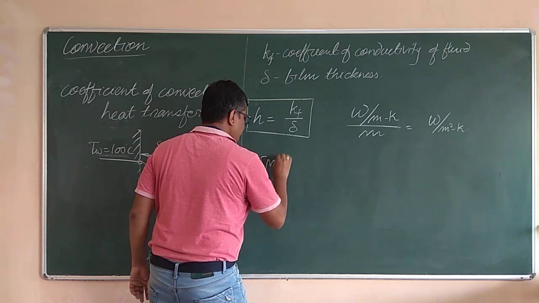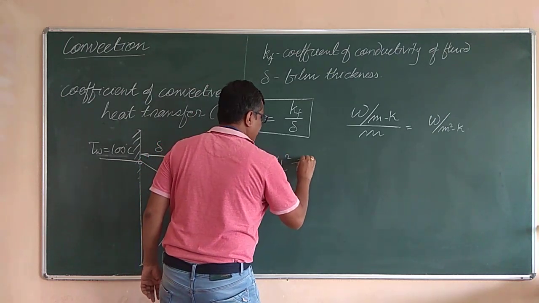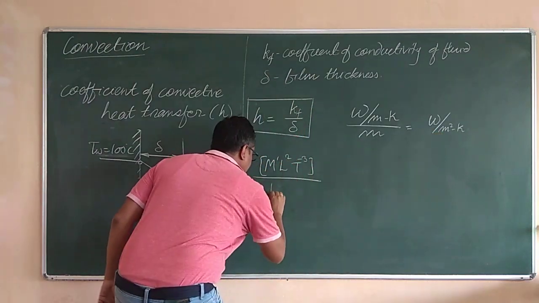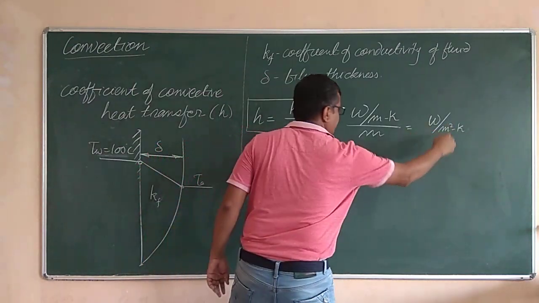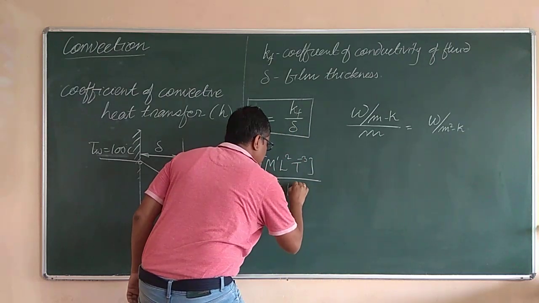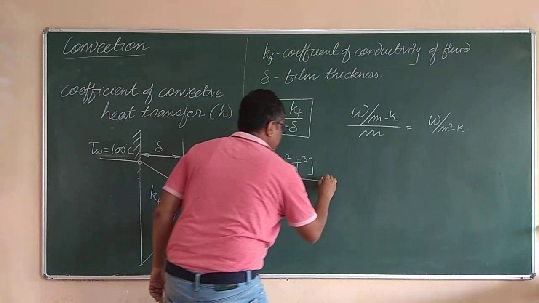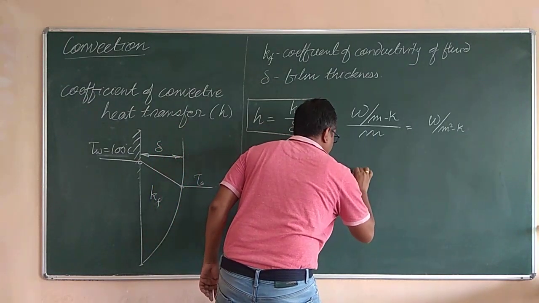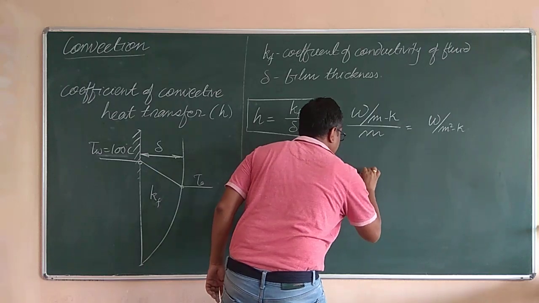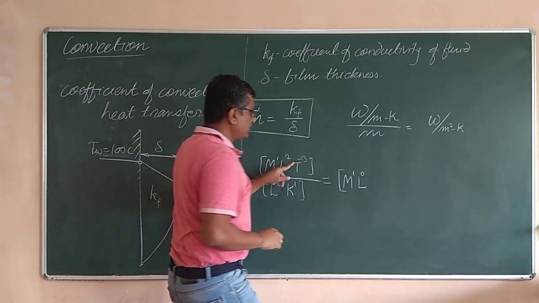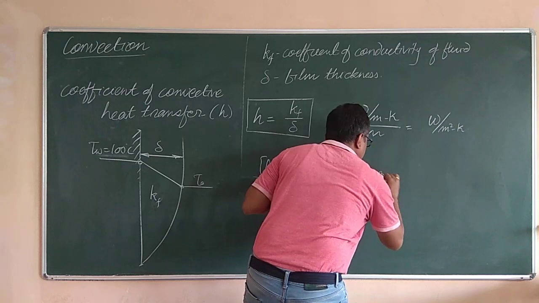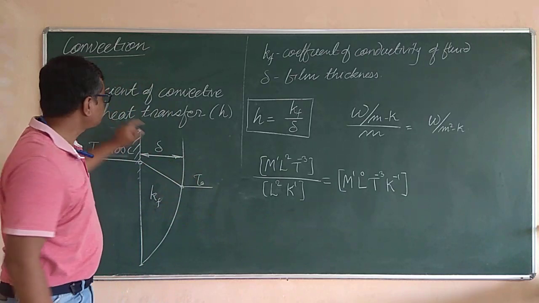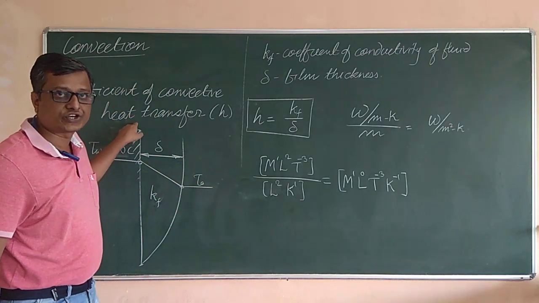The dimensions of power are M1 L2 T^-3, divided by meter square, which means L2, and Kelvin means temperature, so it is K1, capital K. So L2 will cancel, and its dimensions will be M1 L0 T^-3 K^-1. So these are the dimensions of the coefficient of convective heat transfer h.